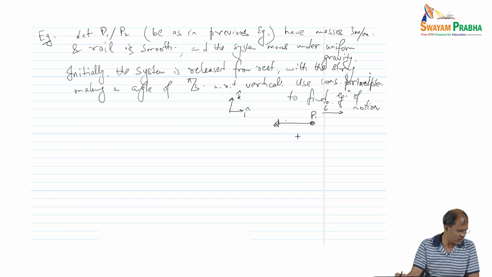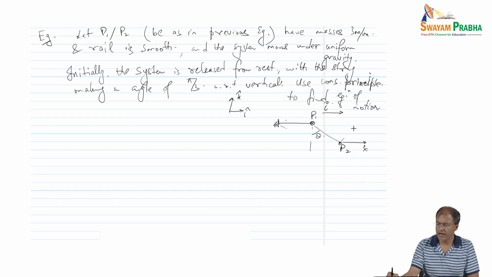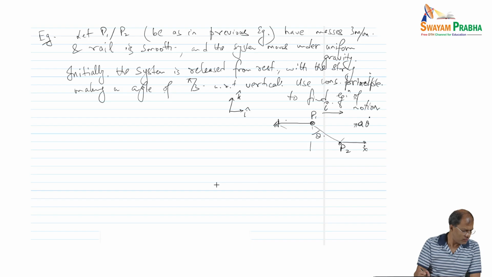So P1 is this, and of course P2 is this, and P2 is also moving with x dot and with an angular velocity A theta dot.